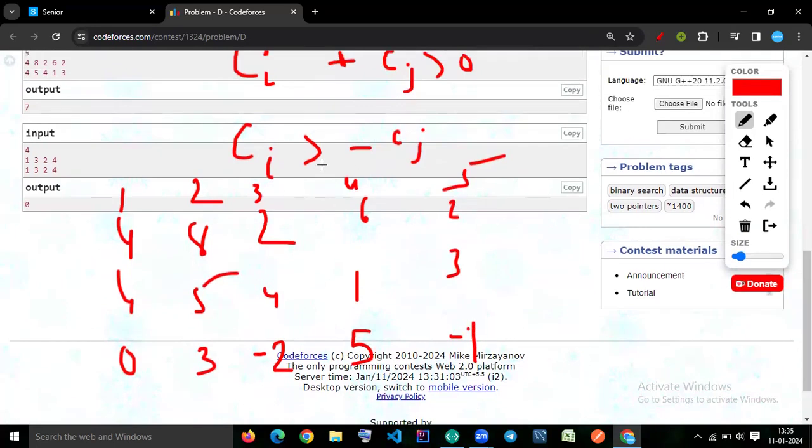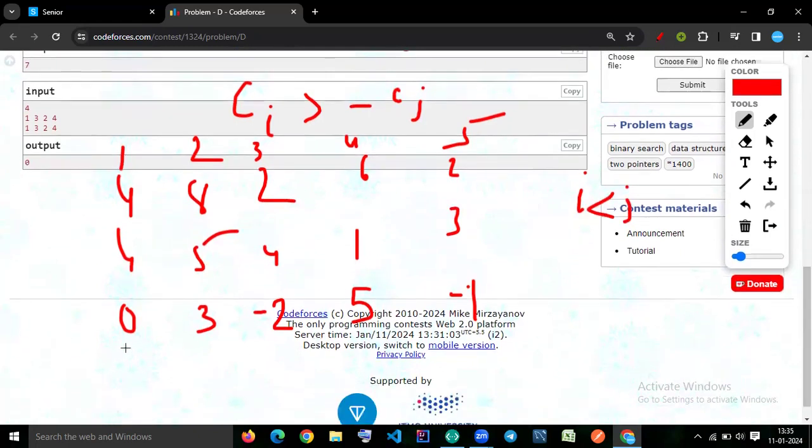Now the condition is i less than j. If I pick C_i, let's suppose C_i is 3.